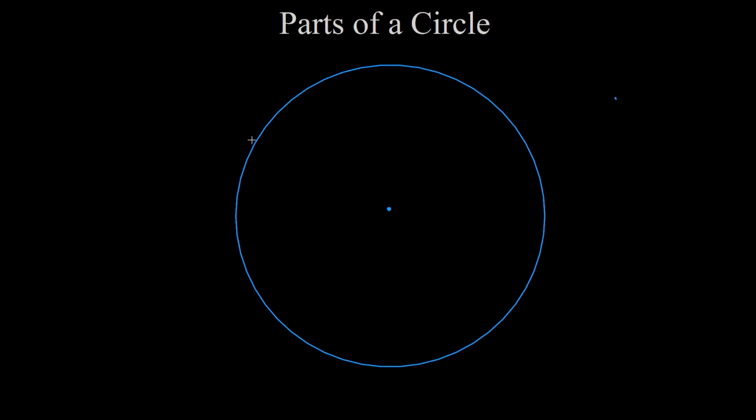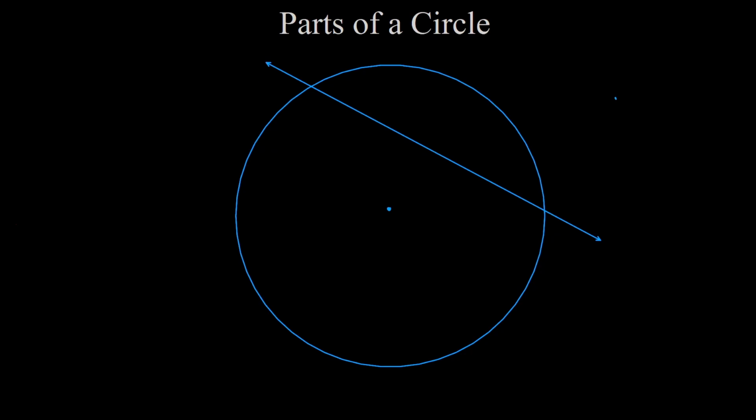Next, let's talk about some lines that go through the circle and continue on. If you have a line, much like a chord, that goes through the circle and not through the center, this is called a secant.